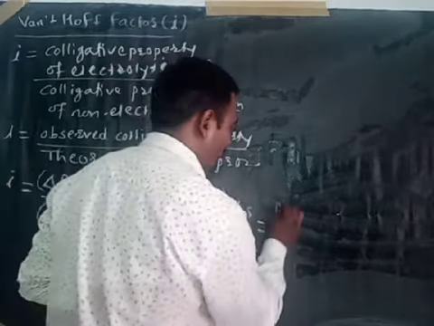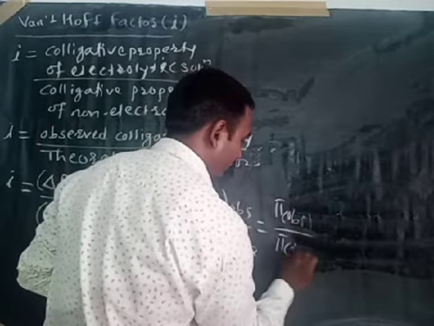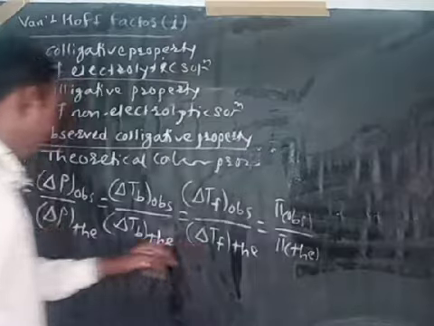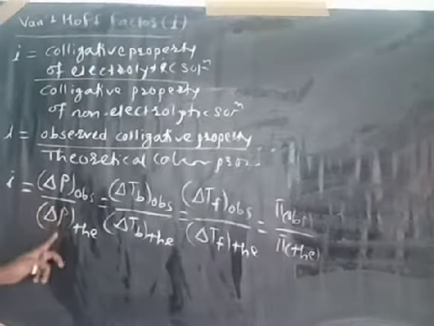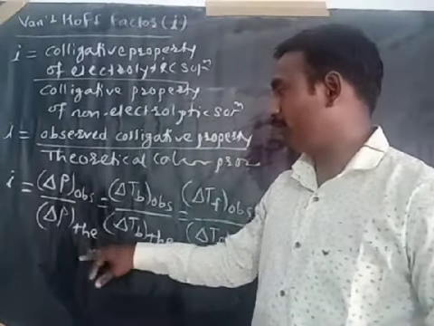And for osmotic pressure, pi observed upon pi theoretical. In this way we can calculate i using any one colligative property with observed and theoretical values.